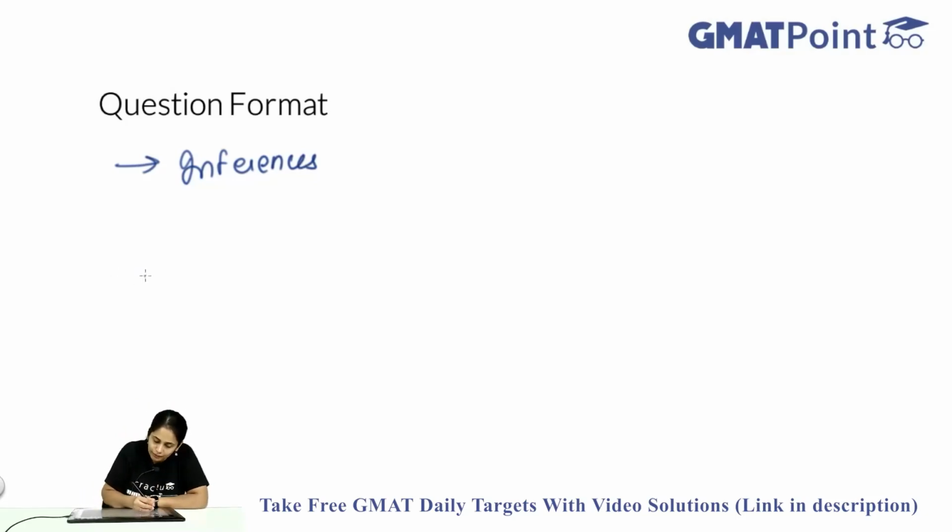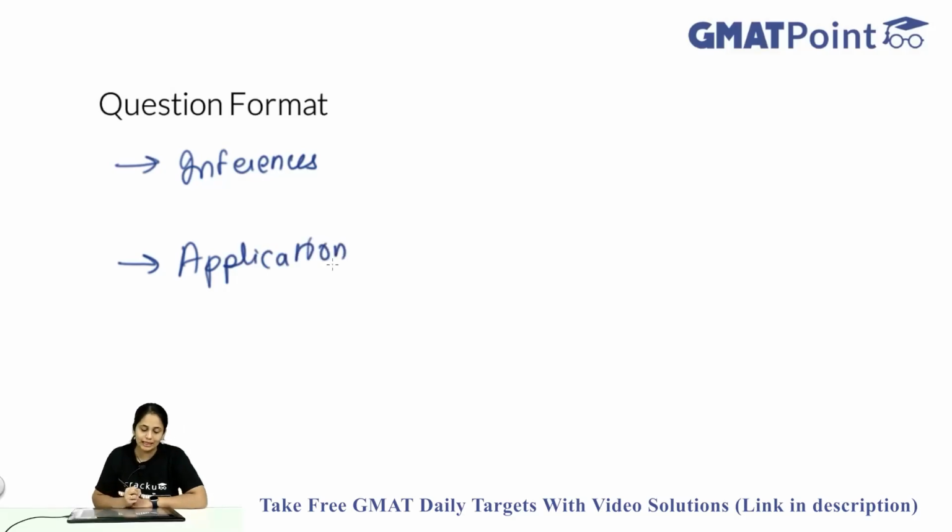The fourth type of question that comes is that of application. So what is application? Application is basically you are asked for things where you take what is given in the passage and you apply it to something which is outside of the passage. So for example, which of the following would be a good example of the arguments made by the author against a particular policy?